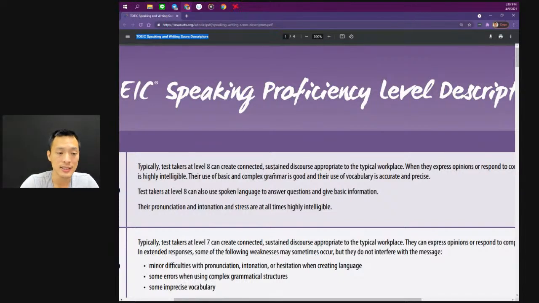The thing is this: English is English, right? The only way for you to pass any English standardized test is just to practice a lot, right? You won't pass any of them if you don't practice.